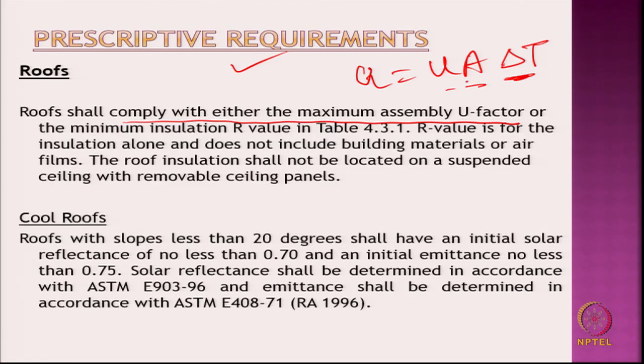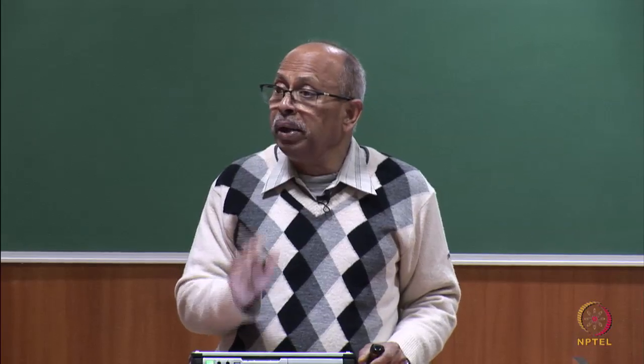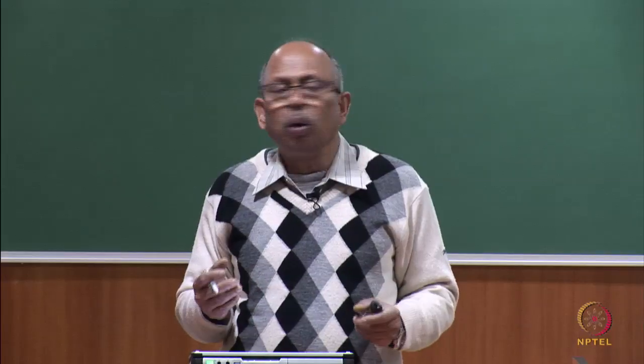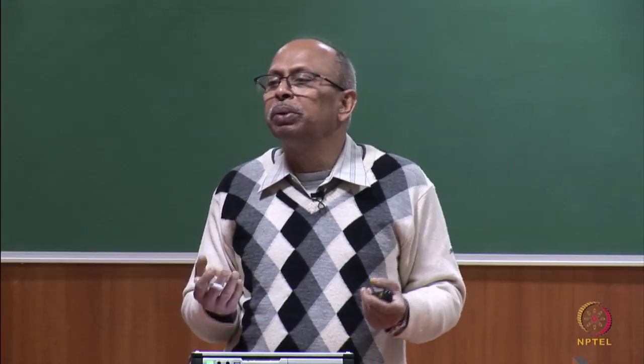So, overall, there are more complex ways of course, but this property is the one which governs. So, in this code, one way is it prescribes simply the values of U. Other way allows for a kind of trade off, and the third one is what we call whole building performance, which you estimate through some software.